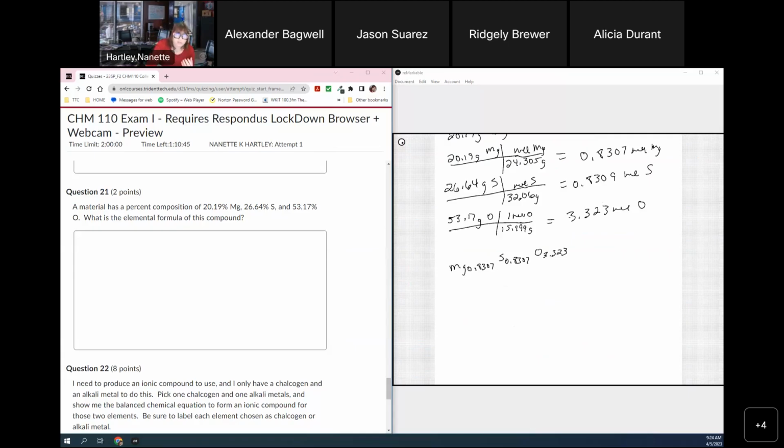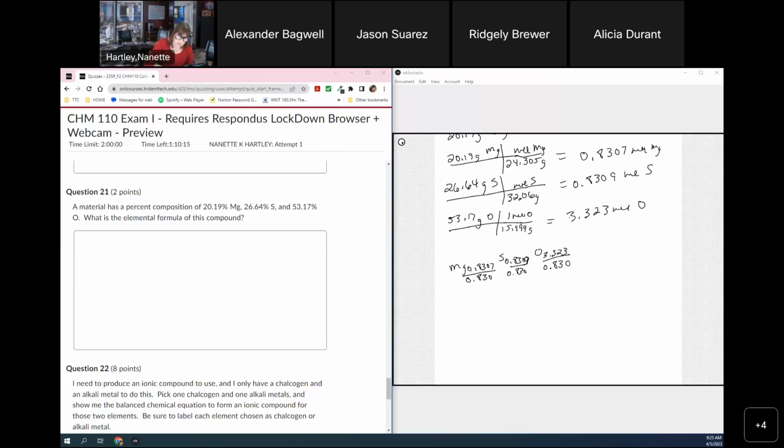And so what we need to do is make this the nearest whole number ratio. So we're going to divide by the smallest number. Now, in theory, I would divide by the 0.8307. Okay. What I'm actually going to do is divide this by 0.830, because that's really close to both of them. And I'm going to end up with a slight issue from the rounding, but it's all going to go away in the end.